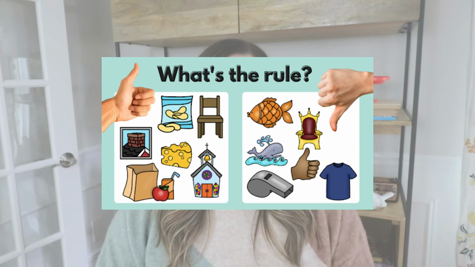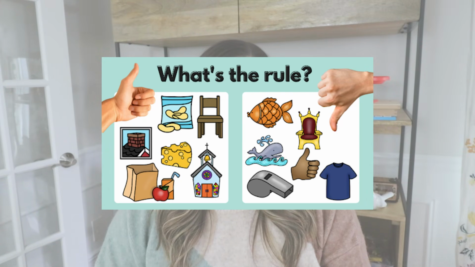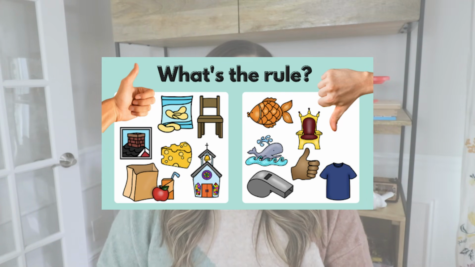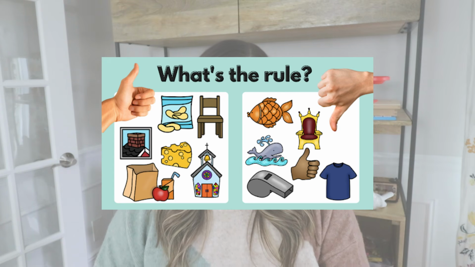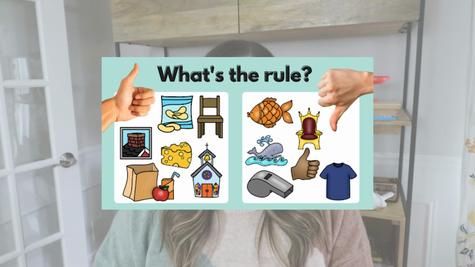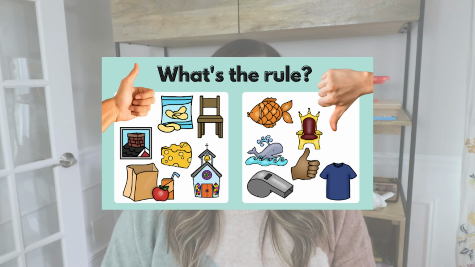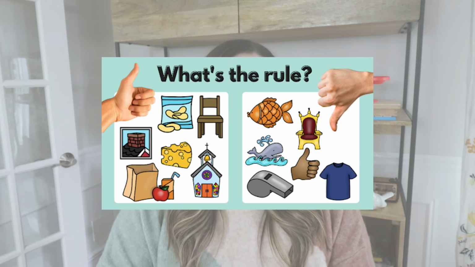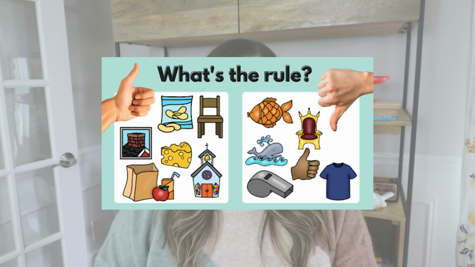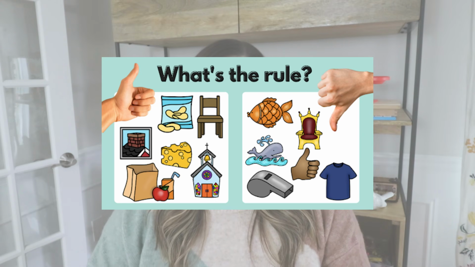Sometimes I do that with my what's the rule slides. I've shared these numerous times, so I'm not going to spend too much time on this, but here's an example with the ch digraph. Basically I want students to figure out the rule, meaning what applies to all the words over on the left-hand side, the thumbs up side. And if that's the rule, it cannot apply on the thumbs down side.